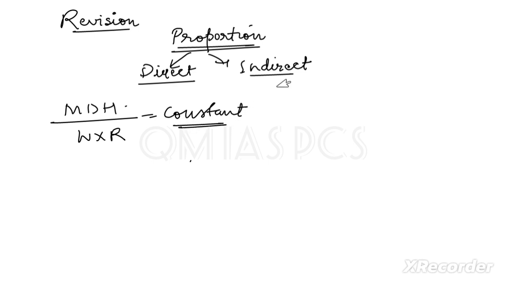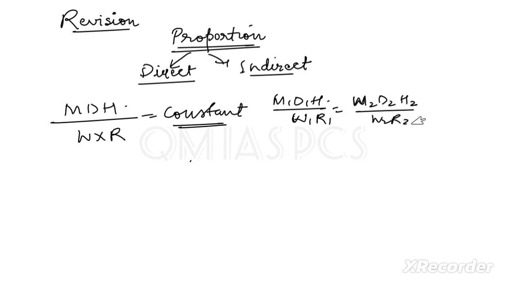Constant means M1 D1 H1 by W1 R1 is equal to M2 D2 H2 divided by W2 R2. So we have to understand what direct proportion is and what indirect proportion is.